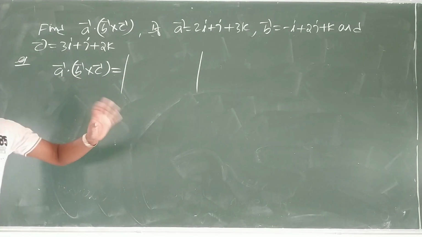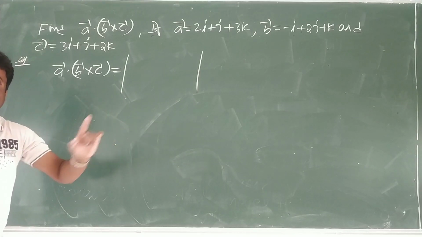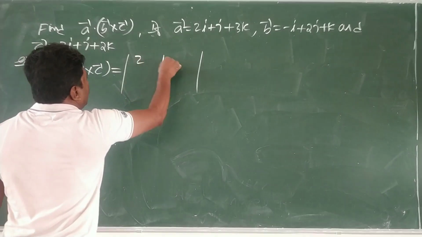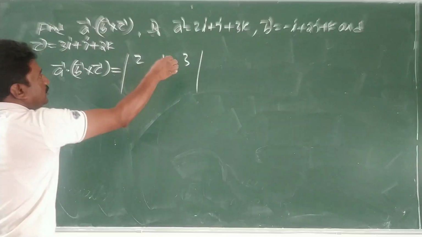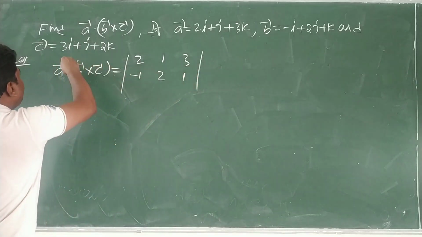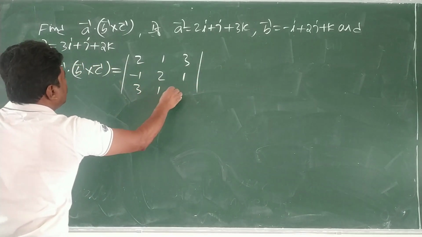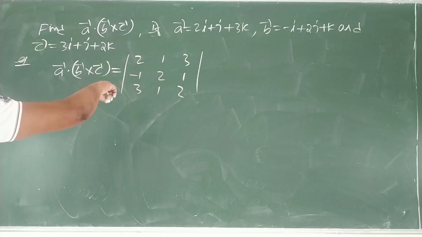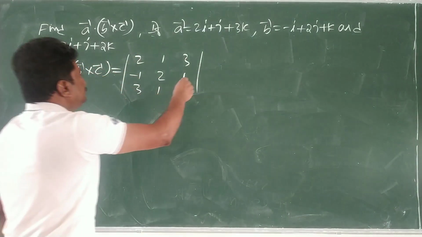A scalar does not contain ijk. So tell me the components of vector A: 2, 1, 3. Components of vector B: minus 1, 2, 1. Components of vector C: 3, 1, 2. Expand it.